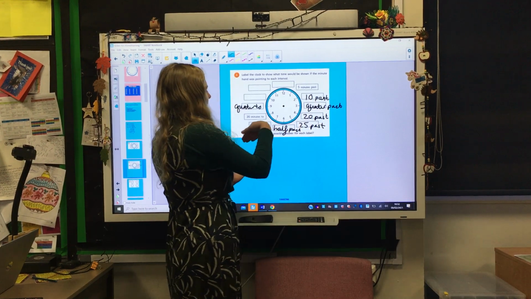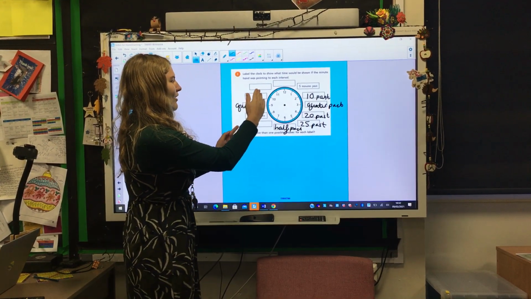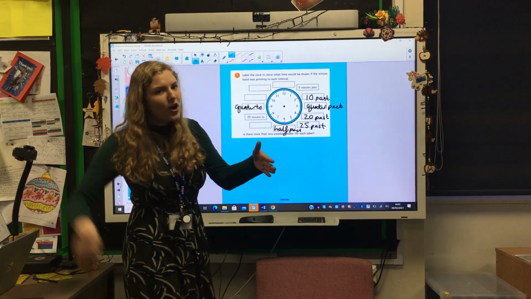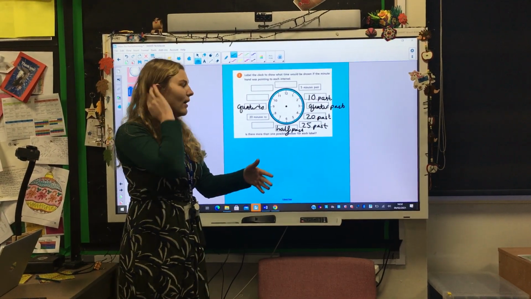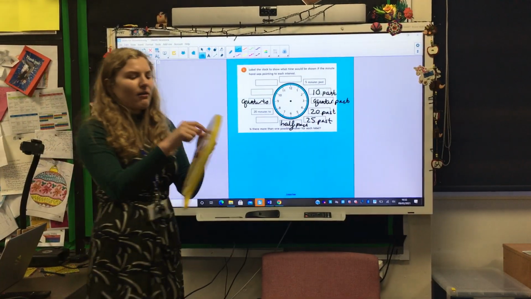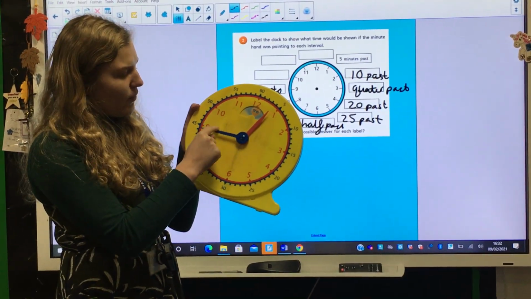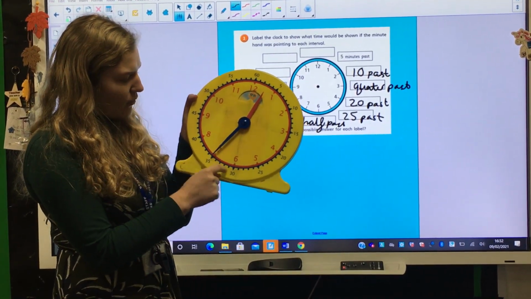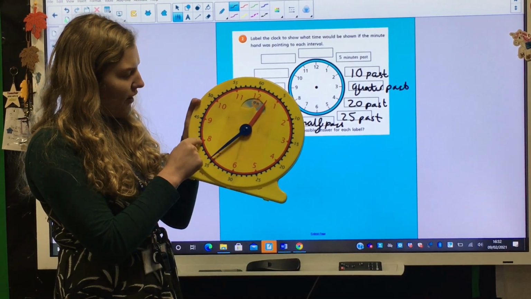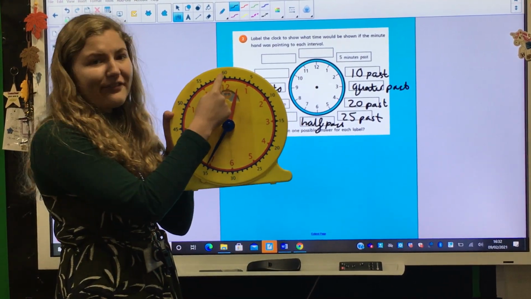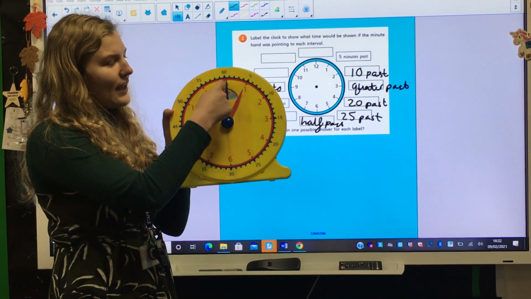Right, next, the rest of them are the same, but instead of being past, it's how many minutes until the next hour. So if on our clock it was coming up to 1 o'clock, but it was here on this 7, there is 5, 10, 15, 20, 25 minutes until we get to 1.